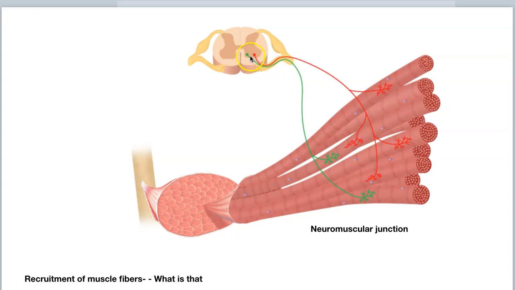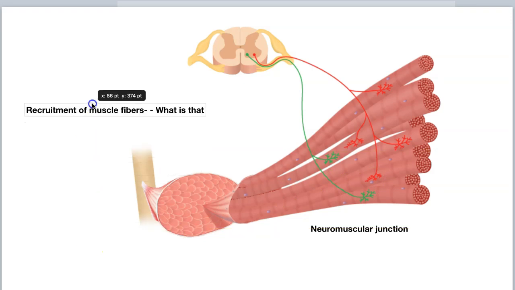This green motor neuron is controlling how many muscle fibers? 1, 2. And they call this where the axon is meeting the muscle, the neuromuscular junction. Neuromuscular junction. And I'm going to talk about this right here.